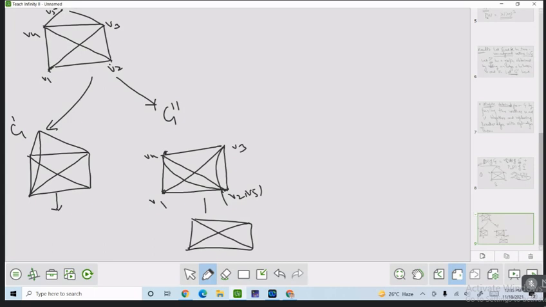Clear? So what will you do? We will apply again the formula. So in this case, we will take non-adjacent vertices. Okay, here I have V1, V2, V3, V4 and V5. I will take again V2 and V5.